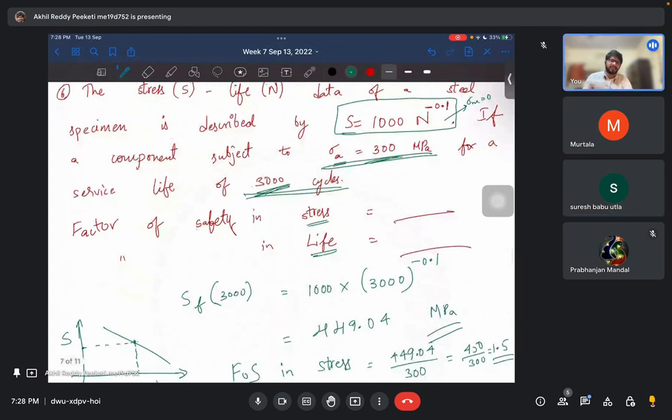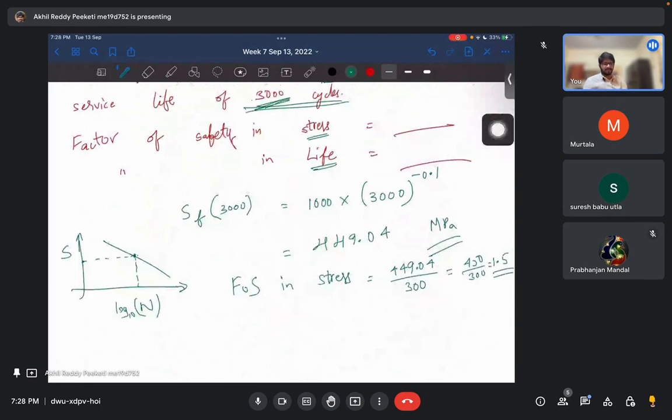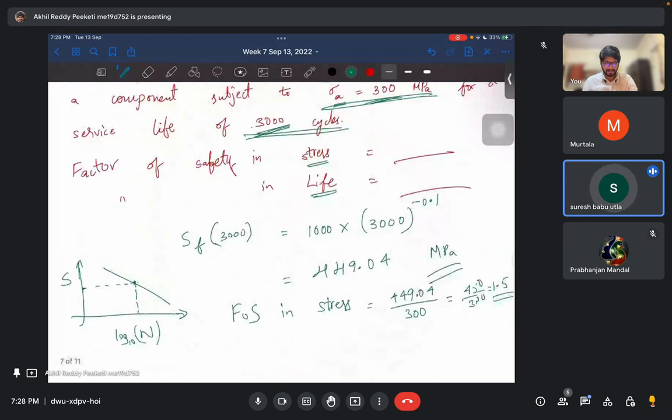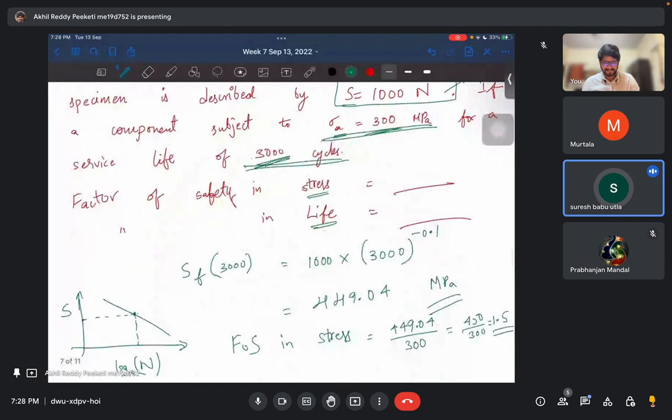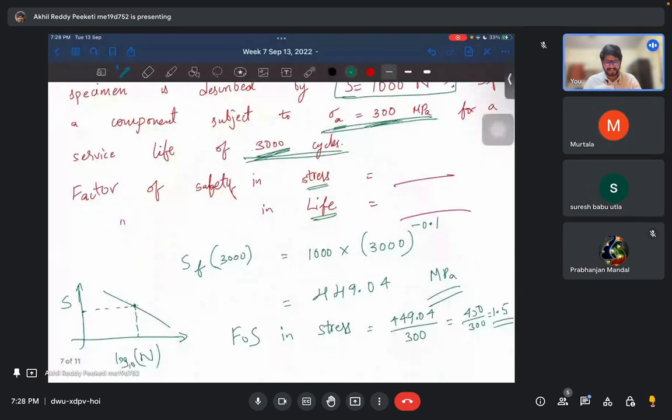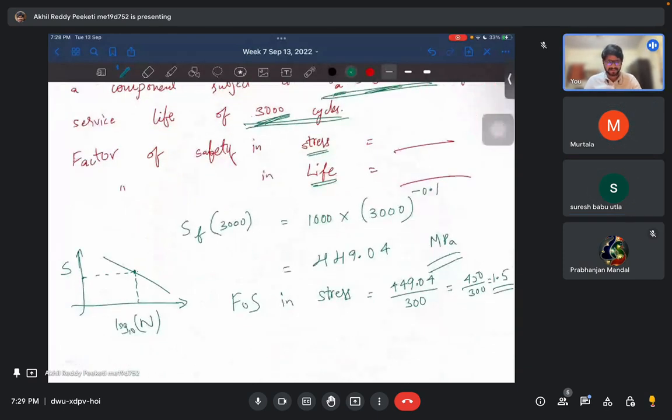This is the fatigue factor of safety, right? Only the alternating stress, the stress which keeps changing. So that means the loads are changing.